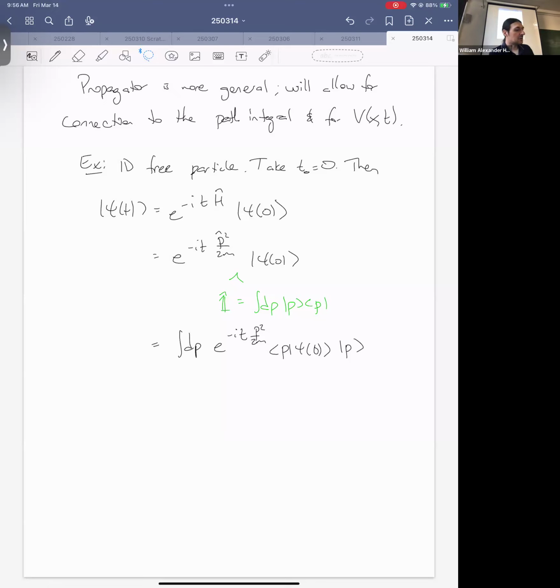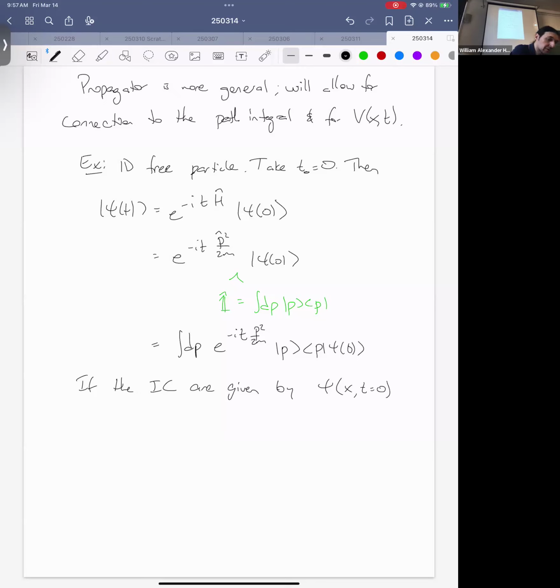All right. Now it's, I would say, usually not the case that one is given the initial state in terms of the momentum eigenbasis. You're usually told what the initial state is in the position basis. So if the initial conditions are given by a psi of x at t equals 0, what would you propose that we do now?